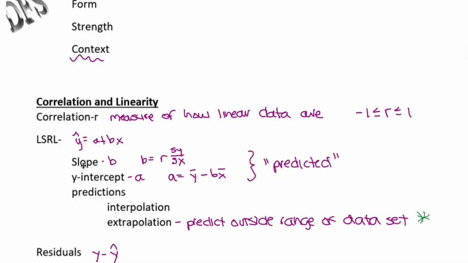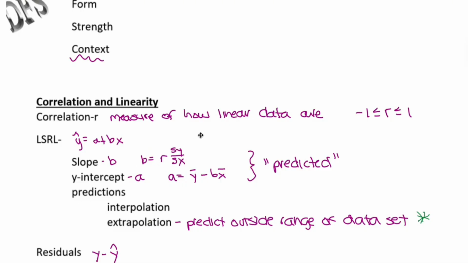Slope is b. This is also the formula on your packet, but it's not a bad idea to remember it: b equals r times s sub y over s sub x. Most of the time, the question will give you those three values and ask you to find b. You just use this formula.